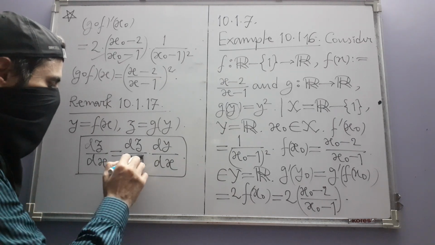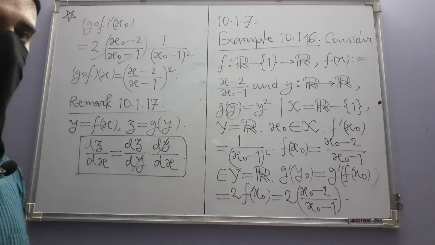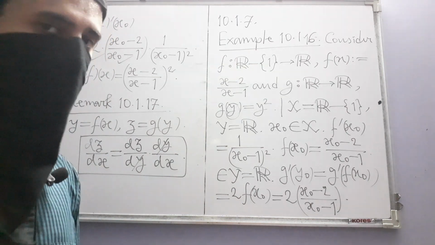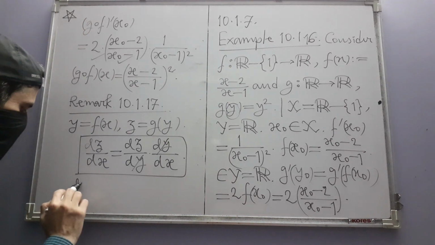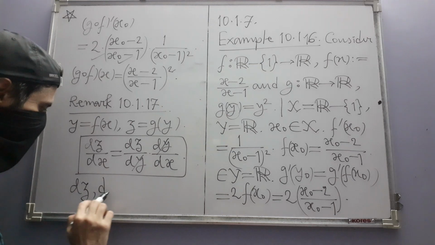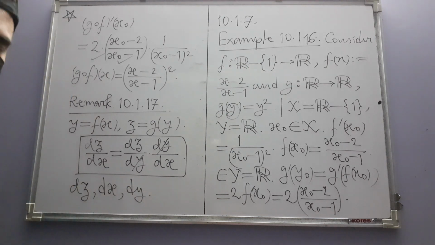We remember it like this: cancel dy dy, you have dz divided by dx, but actually it's not division. In fact, we have not really defined these quantities separately.